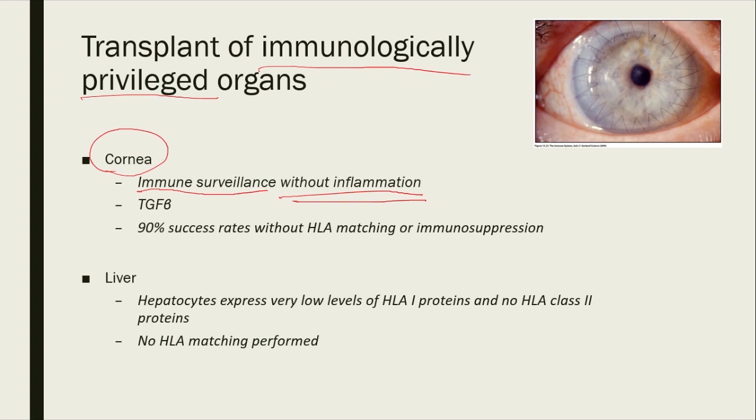Also inside of the eye we have aqueous humor that contains TGF beta. This causes the dendritic cells in the area to downregulate T cell stimulatory factors, leading to less T cell activation. So the success rate for a cornea transplant, even without HLA matching or immunosuppressants, is 90%.